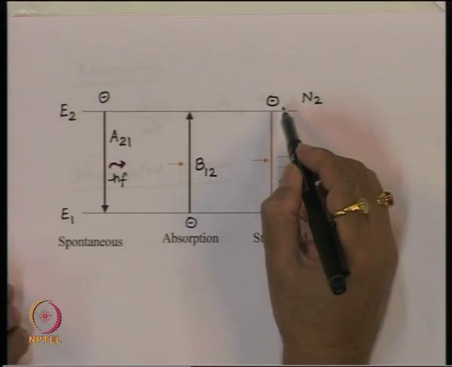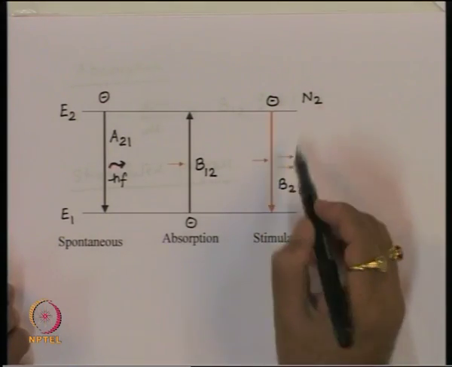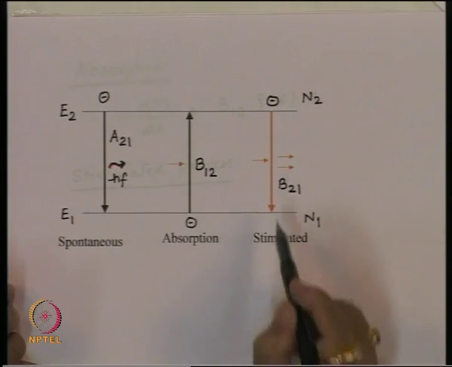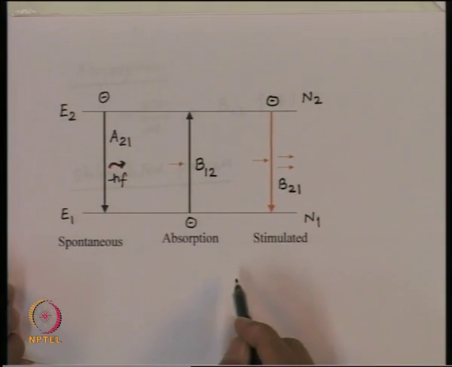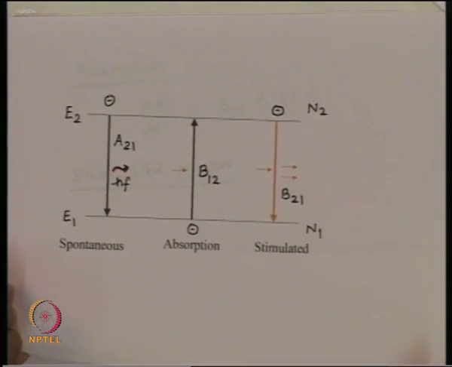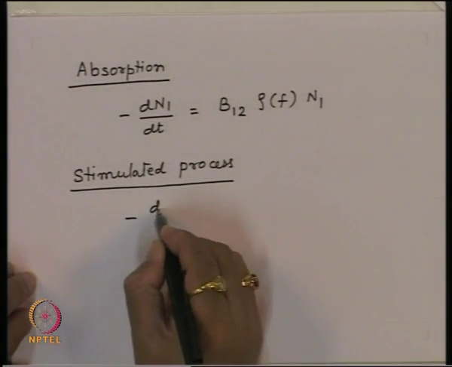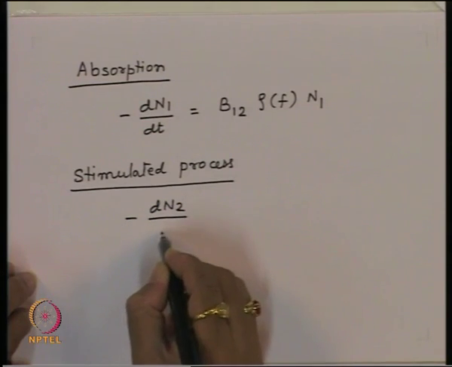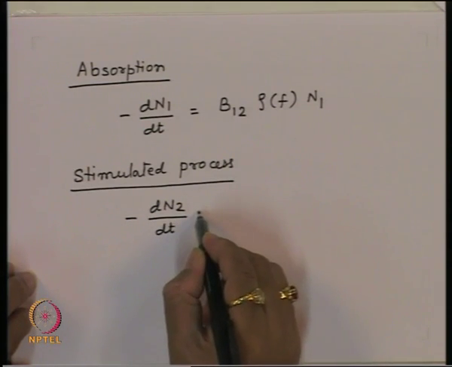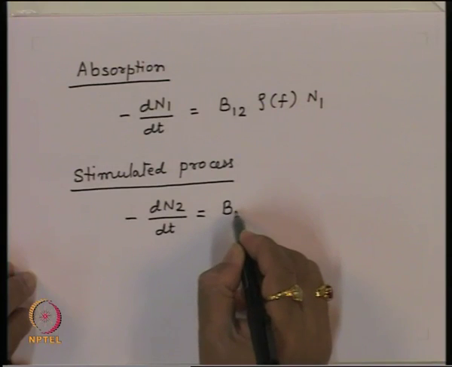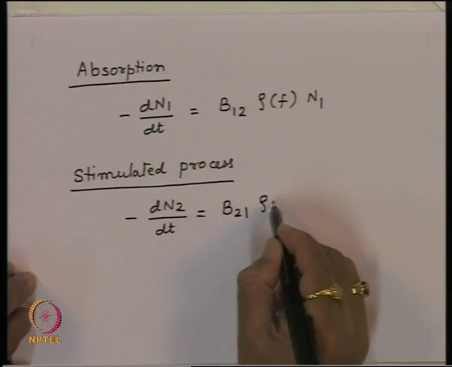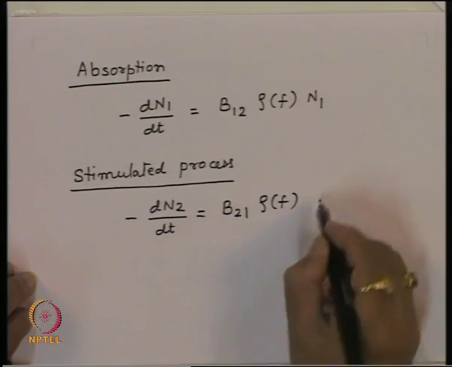Again, the rate of change of electrons in the upper level will be proportional to N2, and proportional to the photon flux density, and the proportionality constant will be B21. So, we get minus dN2 by dt equal to B21 rho of f into N2.